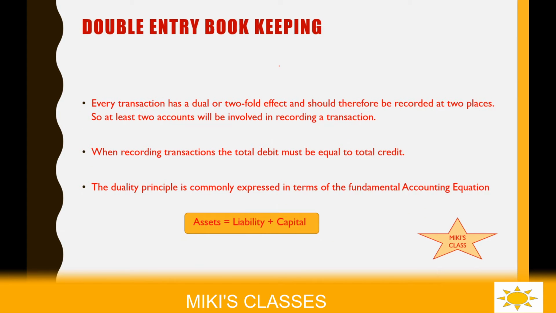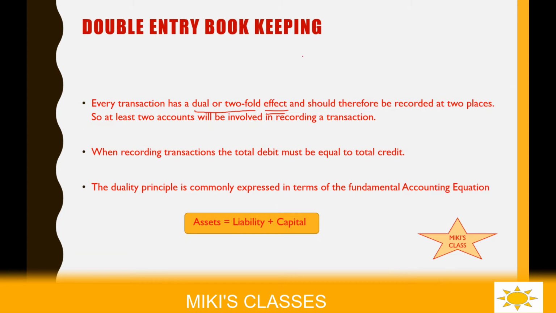So the accounting equation is very closely associated with the double entry bookkeeping system. It says every transaction has a dual, which means two, or twofold effect, right? So which means any transaction which you'll record in your accounting books will have two sides to it.